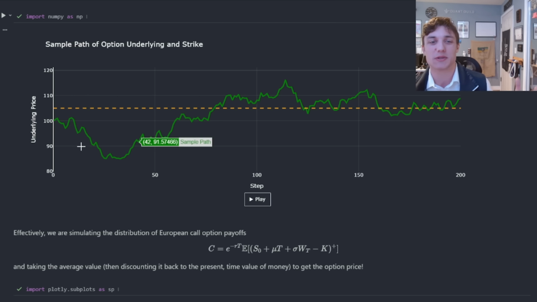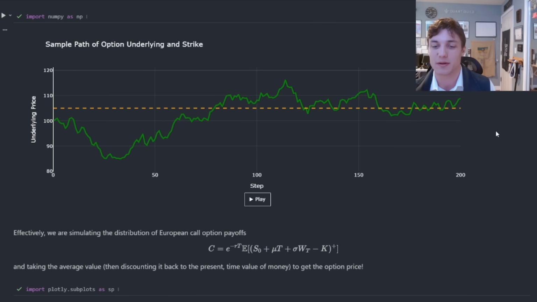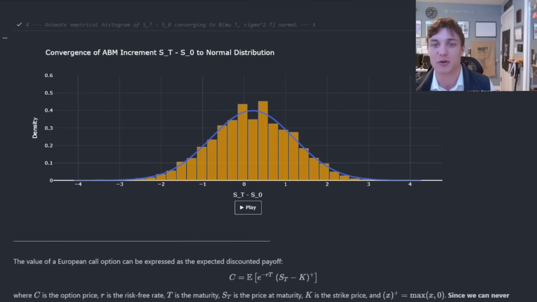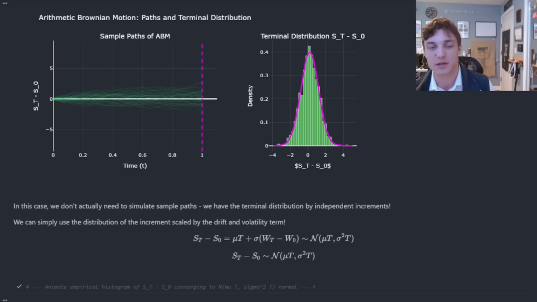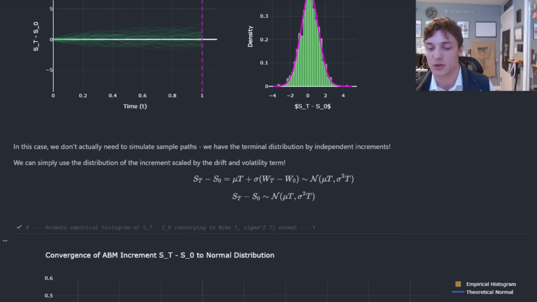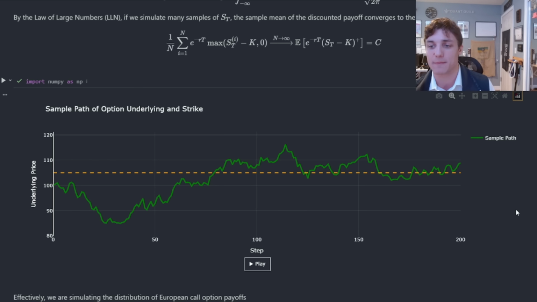Do I need to simulate the arithmetic Brownian motion to get the terminal distribution? Well, no, I don't have to, because thanks to the independent increments that we observed here and here, we know what the theoretical distribution is. We know the empirical distribution, if we continue to sample paths, is going to converge.